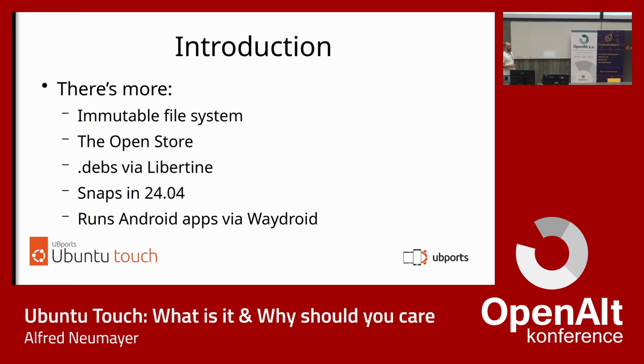So what we do have is an immutable file system. Ubuntu Touch started as a project that very early on wanted to compete with Android and iOS, because those were immutable as well. And it wouldn't be fair to release something to users that would break easily due to installing your updates on the phone in the rootfs.